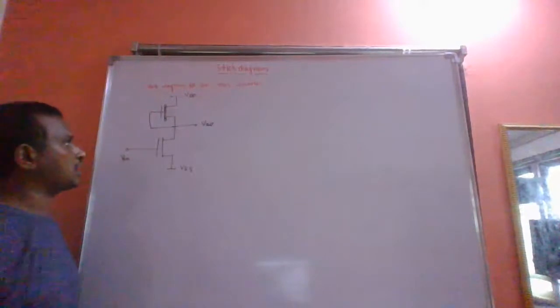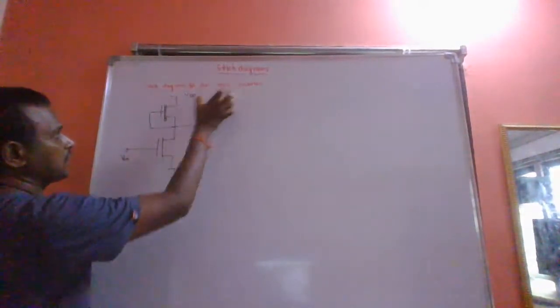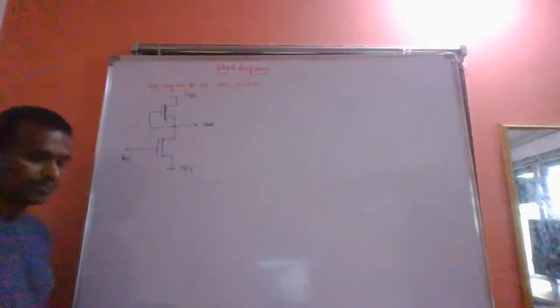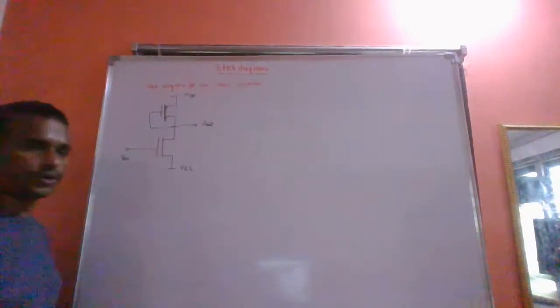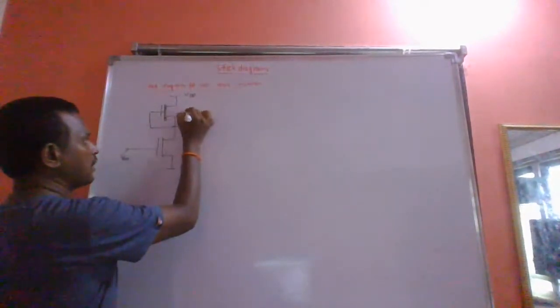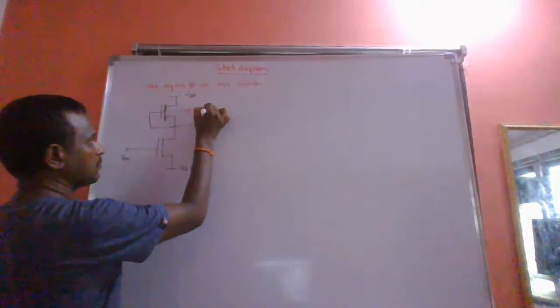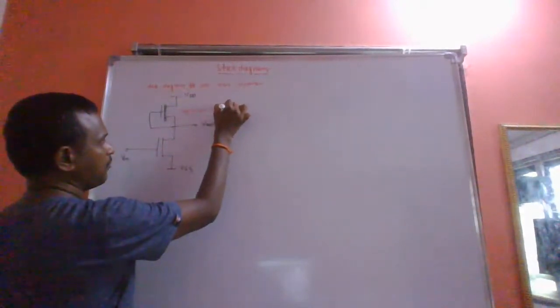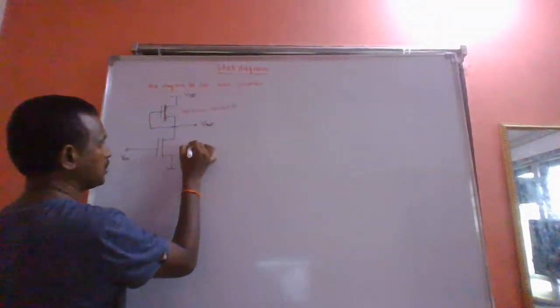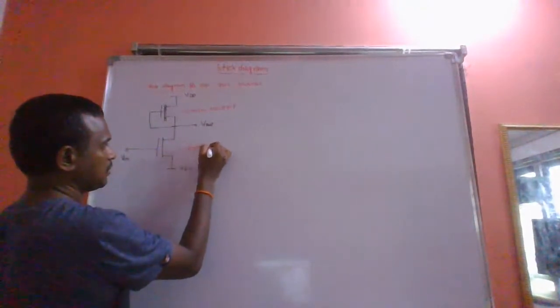Here if you observe this NMOS inverter, it consists of a depletion MOSFET as a load. This one is the depletion MOSFET, and this one is the enhancement MOSFET.